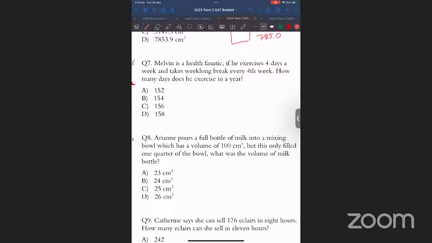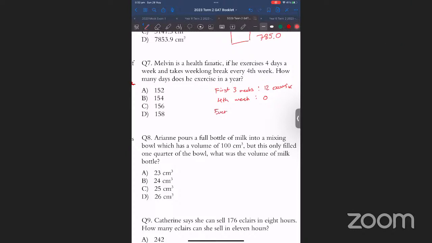Okay. So back to this question. In the first 3 weeks, can someone tell me how many exercises Melvin does in the first 3 weeks? 12. So in the first 3 weeks, we do 12 exercises. In the 4th week, how many does he do? 0.